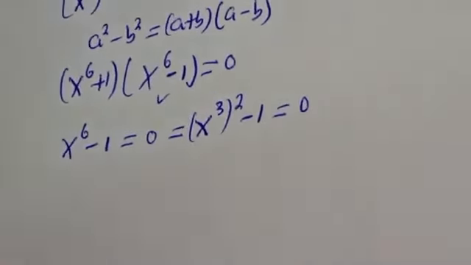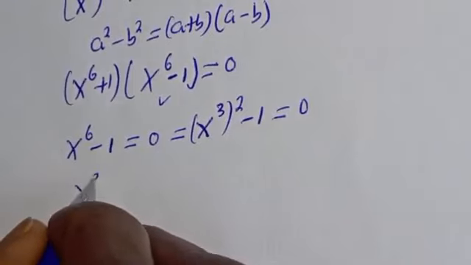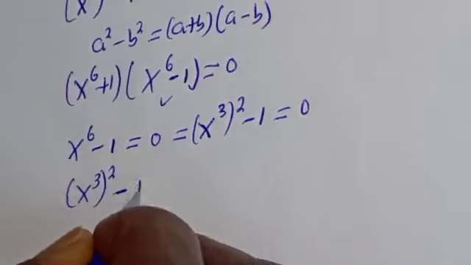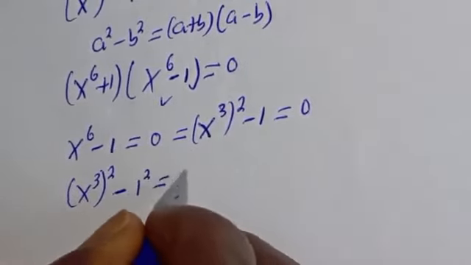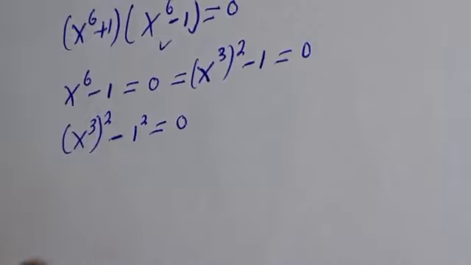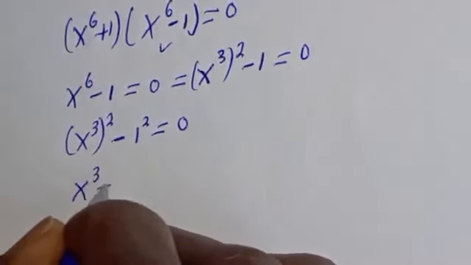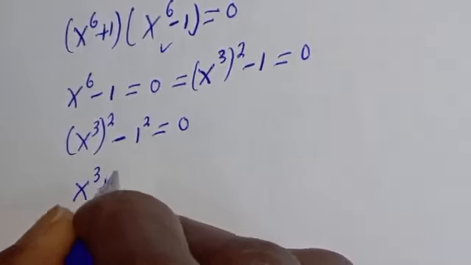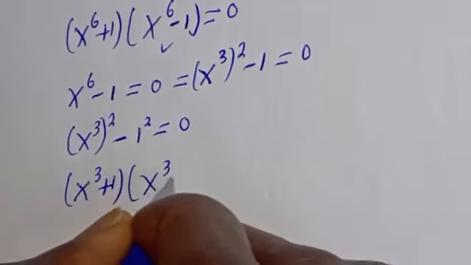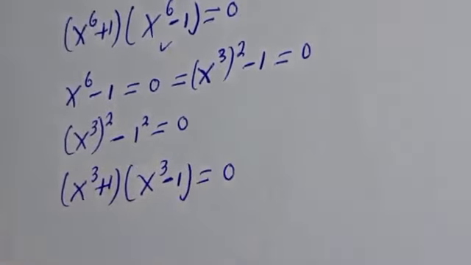Then s raised to power 3 squared minus 1 can be written as s raised to power 3 squared minus 1 squared is equal to 0. And this can be written as s raised to power 3 plus 1 bracket s raised to power 3 minus 1 is equal to 0.